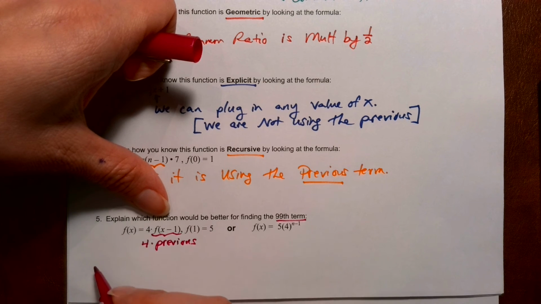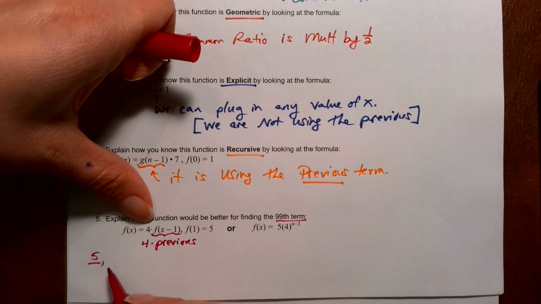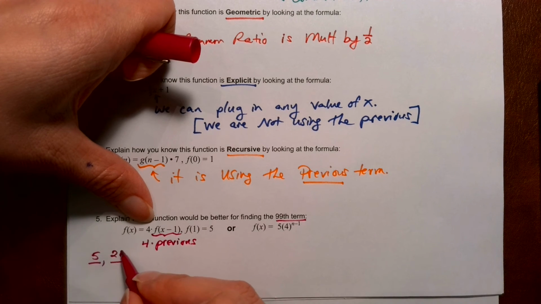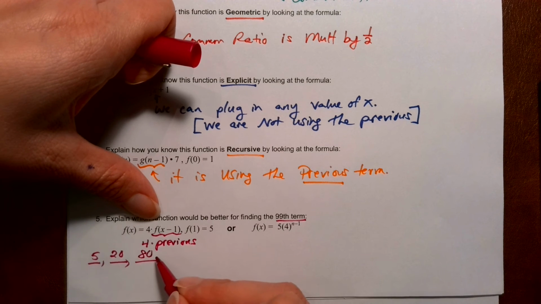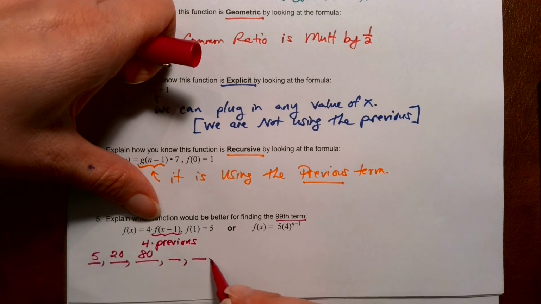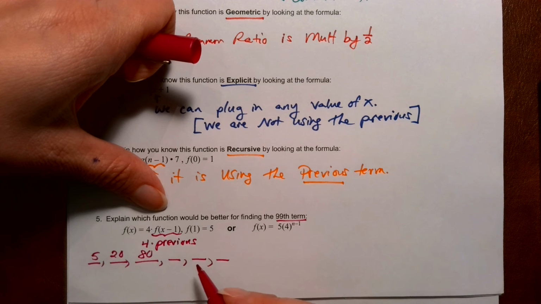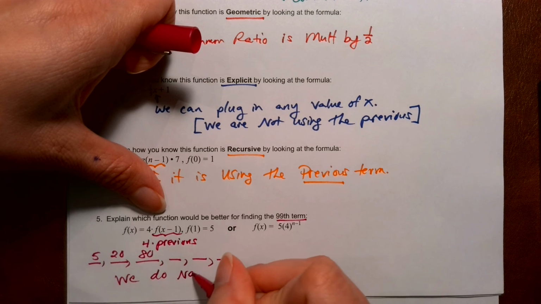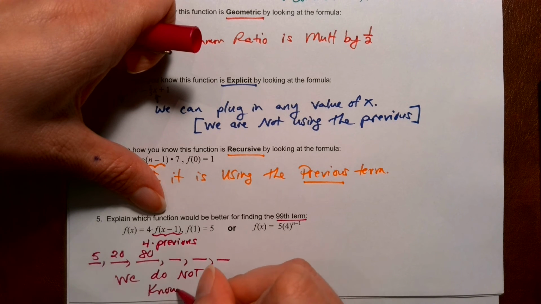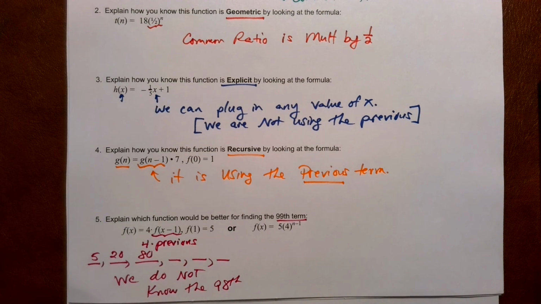I know the first term is 5, and the second one would be 4 times that, so the second term is 20, and then times 4 would be 80. Goodness, I really don't know how I'm going to get the 99th term without knowing the 98th term. We do not know the 98th term. So this is going to take me forever.